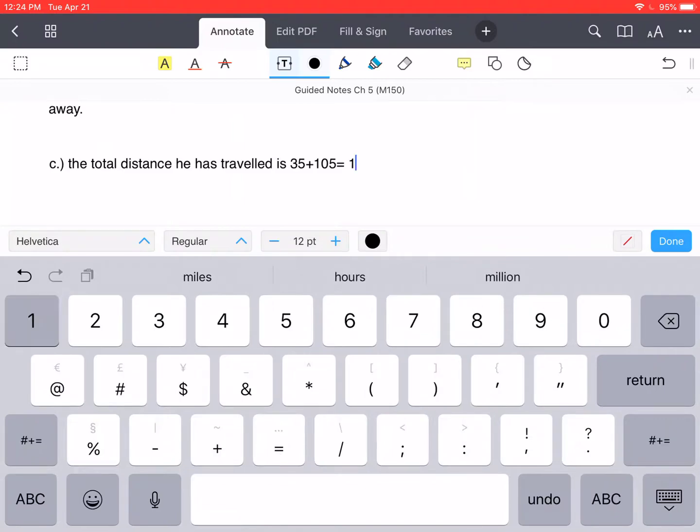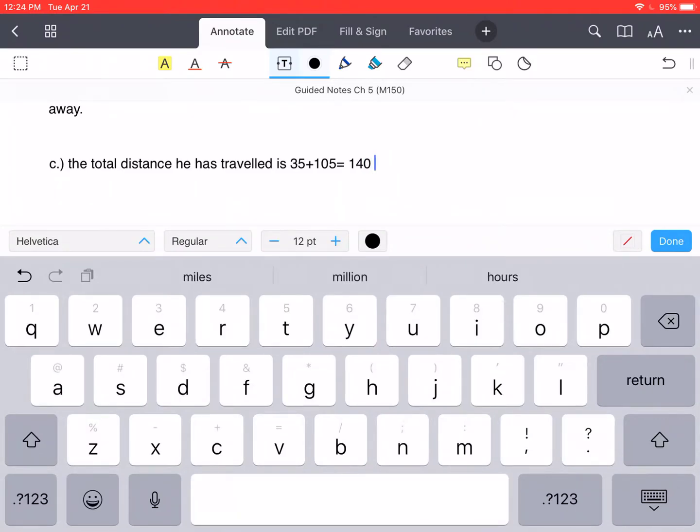So that's going to be 140 miles. This would be like if you're looking at the mileage on your car, the car doesn't care which direction he was driving, right? It just matters that you were putting miles on the car, using up gas. So the odometer would read 140 miles. The trip meter would say he's gone 140 miles total.